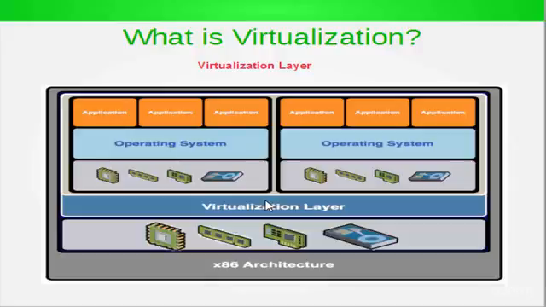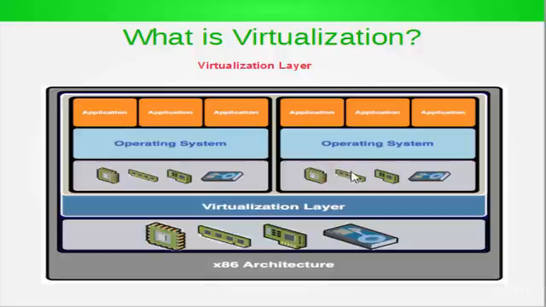Now what else does the virtualization layer do? The virtualization layer gives me the ability to install more than one operating system at the same time on one computer, and each operating system has a virtual hardware reserved from the physical hardware. For example, here above the virtualization layer I have two operating systems.